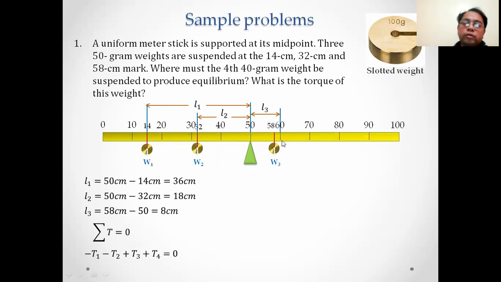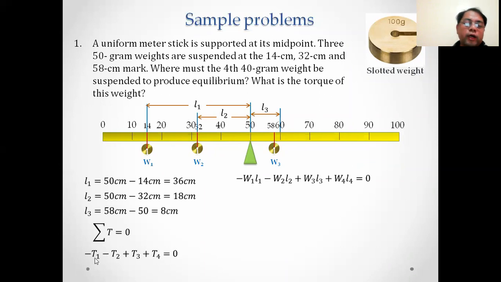The torques due to W3 and the last torque W4, which is 40 grams, will both be clockwise, so they are both positive. When you add all the counterclockwise torques and the clockwise torques together, their total must be 0, because what we want to achieve is a state of equilibrium. So that's why the sum of the torques equals 0.